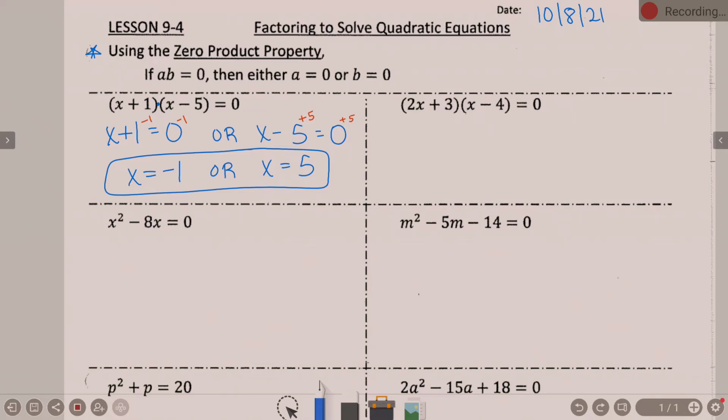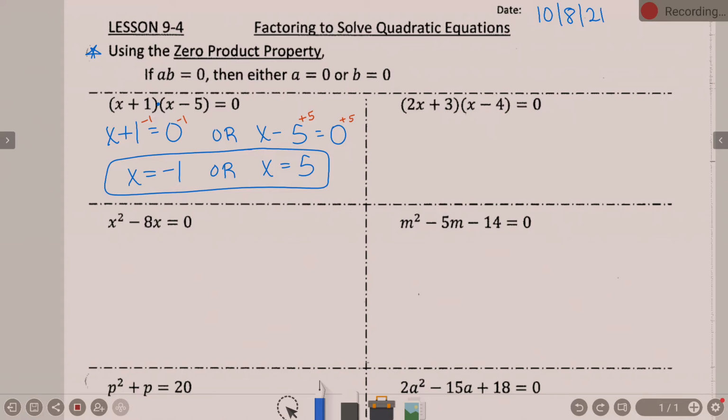So once they're in factored form, it's a piece of cake to solve. Now, Math Excel, they're probably going to want answer, comma, answer, if I had to guess, like negative 1, comma, 5 is what they're probably going to want. Okay?